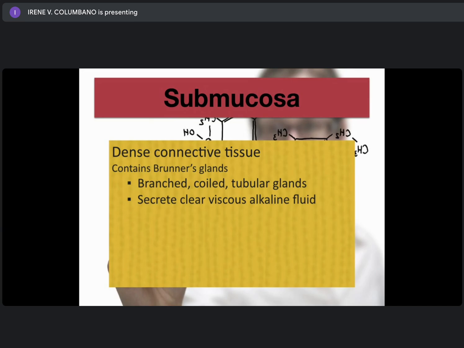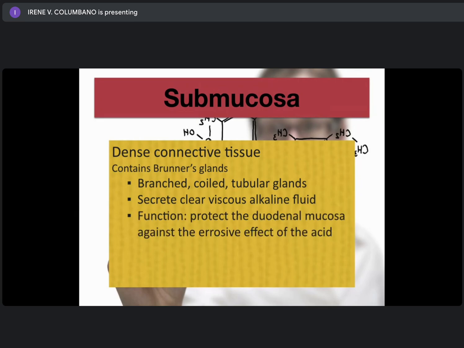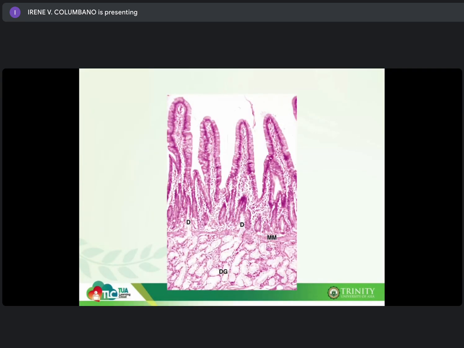Kaya ang pH niyan is more on alkaline as compared to your stomach. Okay, so function is to protect the duodenal mucosa against the erosive effect of the acid. Kaya more on alkaline yung pH ng ating submucosa sa duodenum. So, okay.